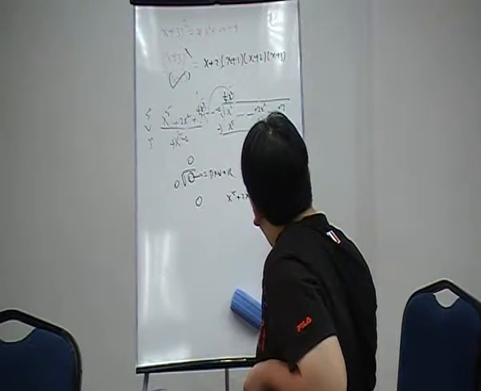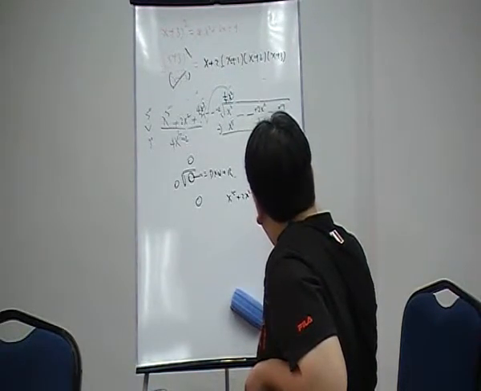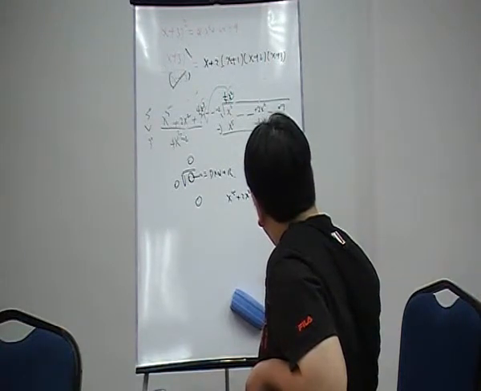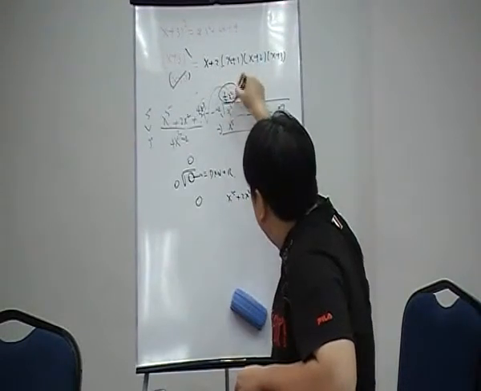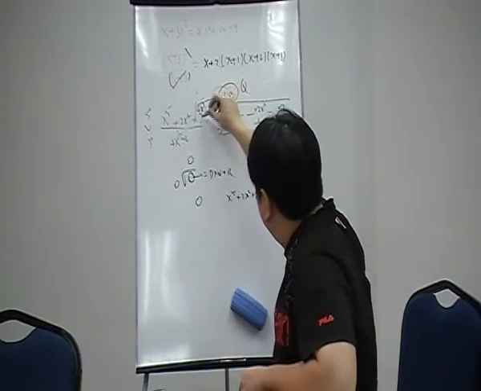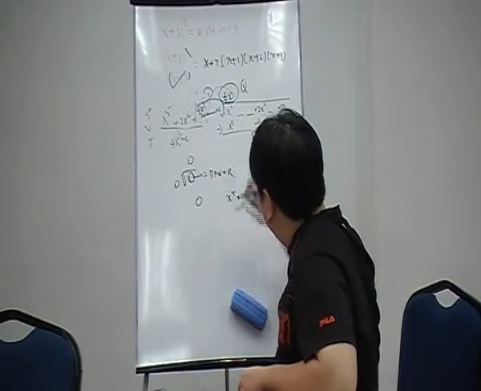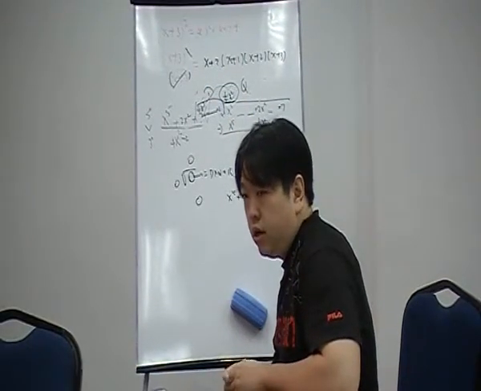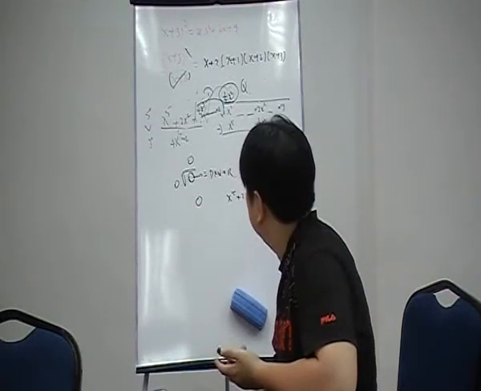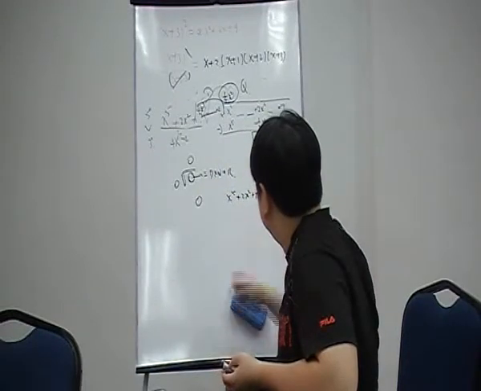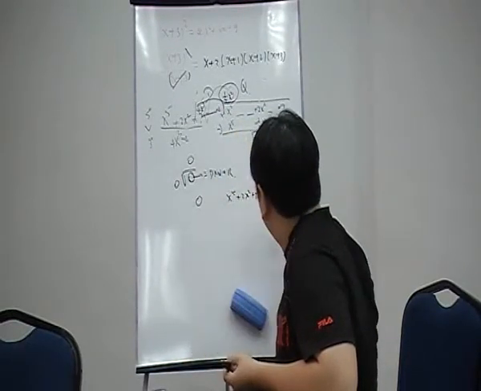The quotient is 5 over 2 x cubed, this is the remainder, x squared minus 4. The divisor, the quotient, the remainder.